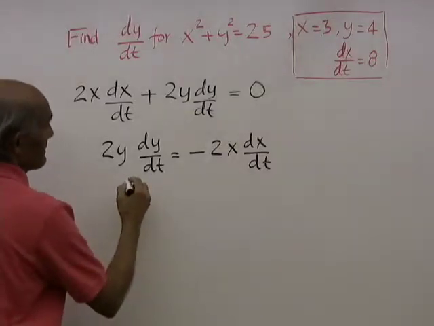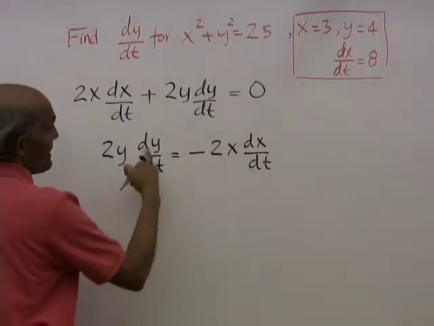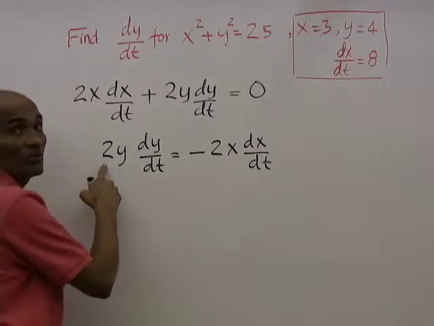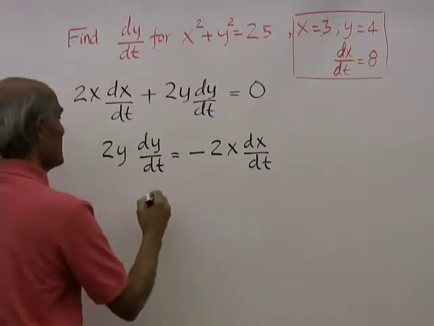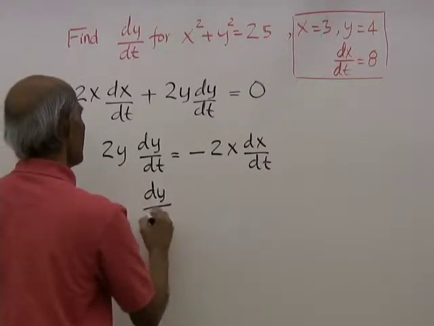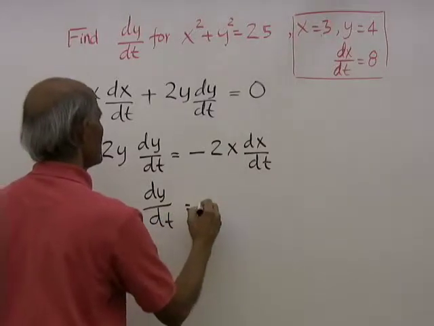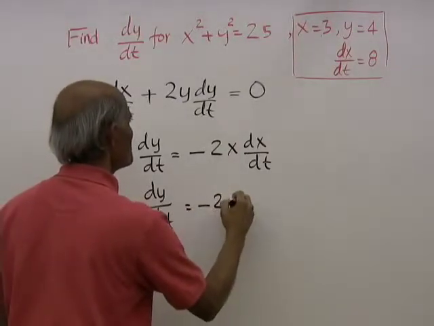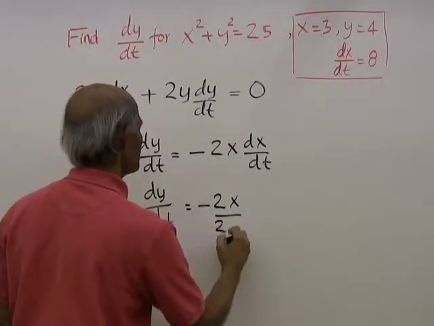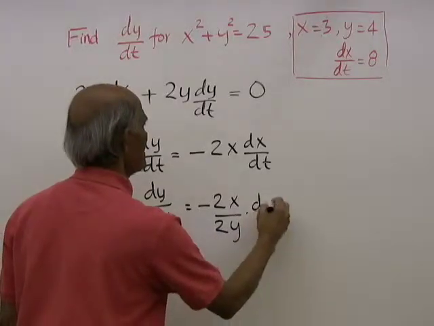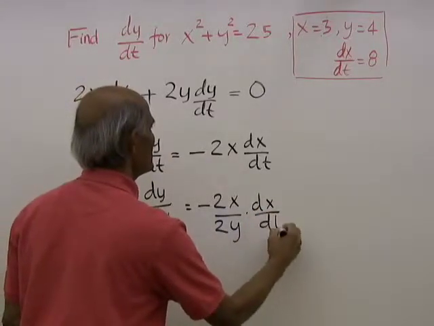Well, that means to find dy by dt, we divide both sides by 2y. Therefore, dy by dt equal to negative 2x divided by 2y times dx over dt.